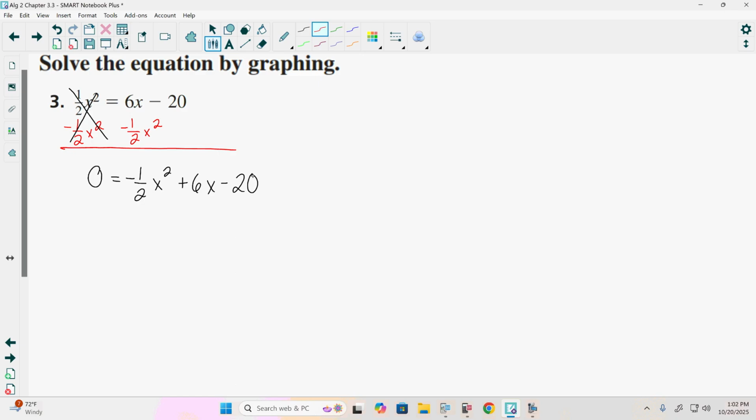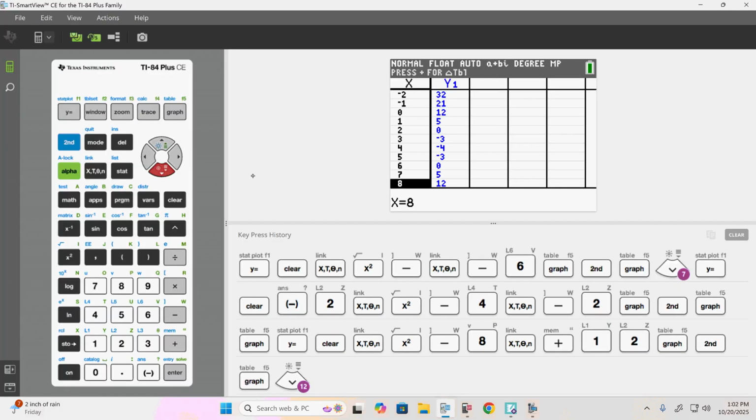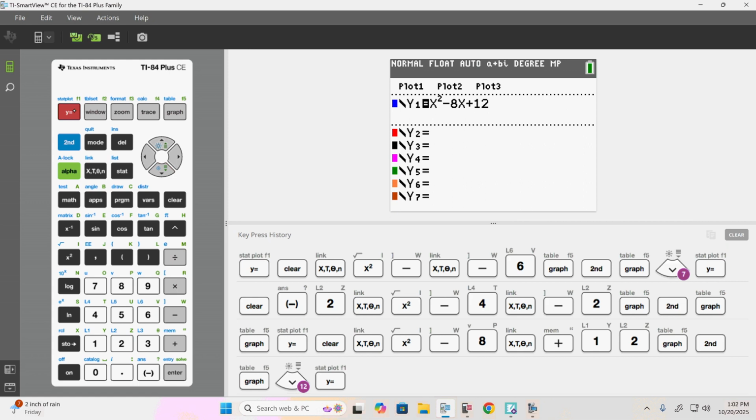If we were solving this by factoring or other methods, we would want to simplify that 1/2. We try to get it to be a whole number or an integer and make a positive. Now the nice thing with graphing is the graphing calculator does not care if a is positive or negative, a rational number or an integer.